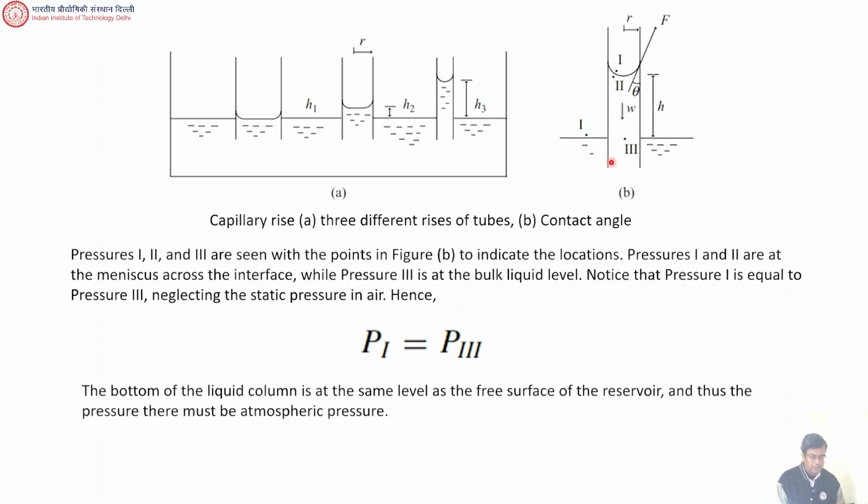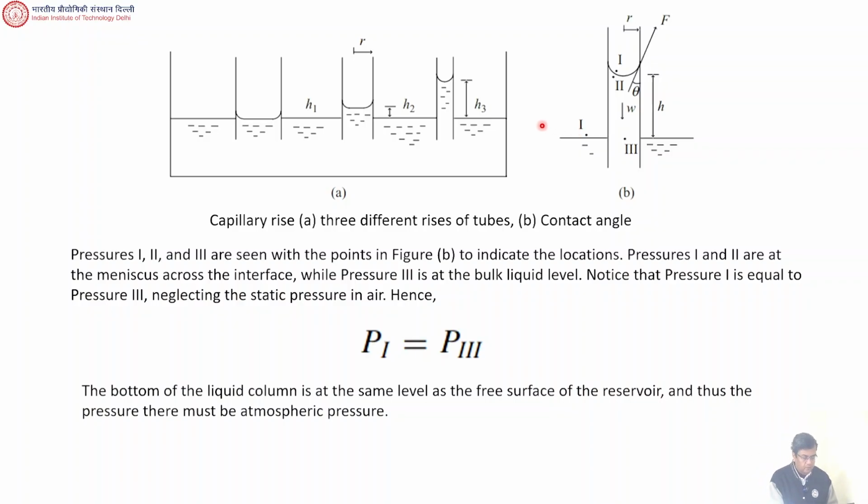And we also say that this P1 will be equal to P3, correct? P1 is equal to P3 because they're at the same level. So if we say that this P1 is atmospheric pressure, then this is also atmospheric pressure, right? And this one, number 1, okay, is this going to have the same pressure as this one? Well, approximately.